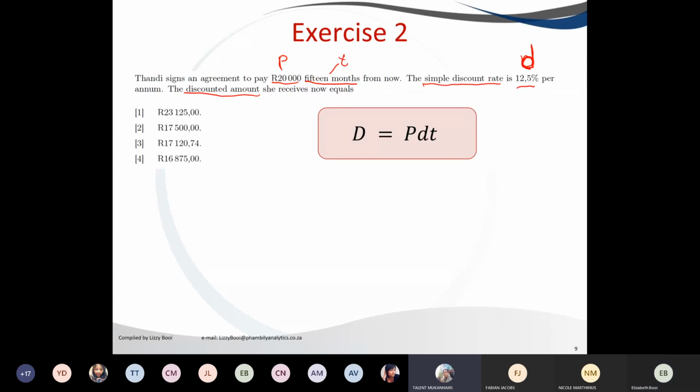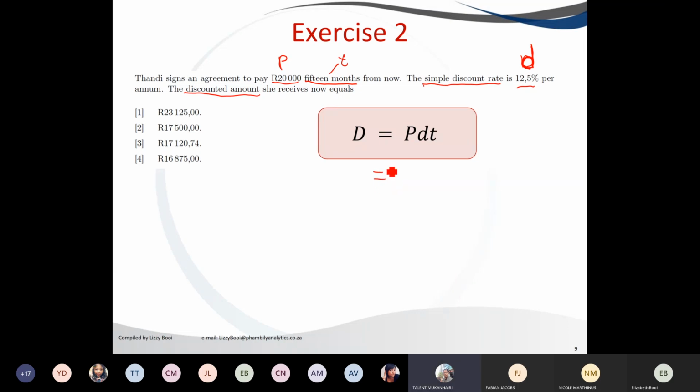So we already have our formula there. So we must first find the discounted amount. Let's just substitute the values.